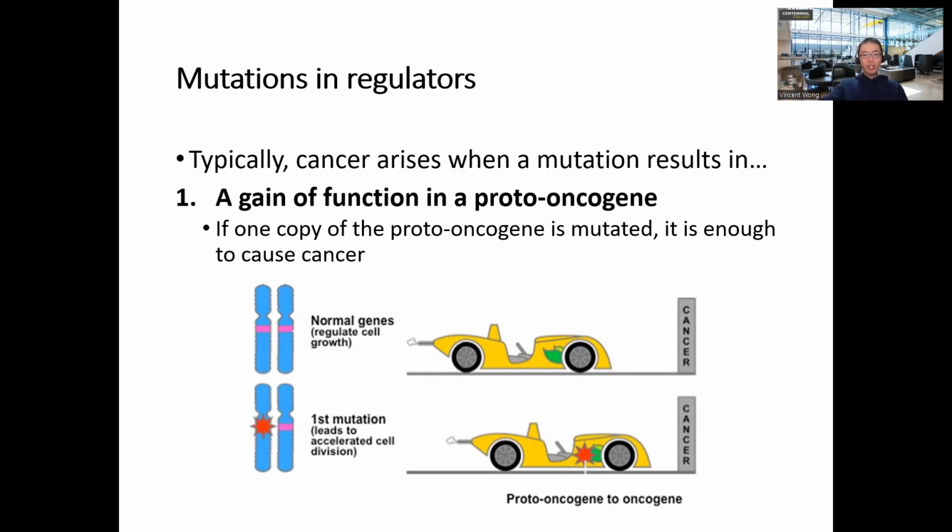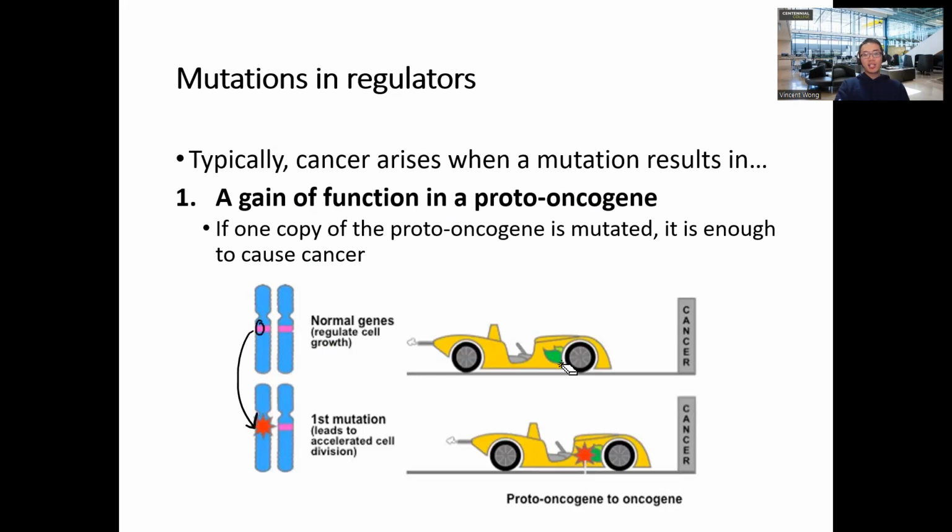Okay? And here's the thing. With the gain of function mutation for the proto-oncogene, only one copy needs to be mutated for it to cause cancer. So you have two copies, but if only one of them turns on permanently, then the green light is going to be on forever, right?